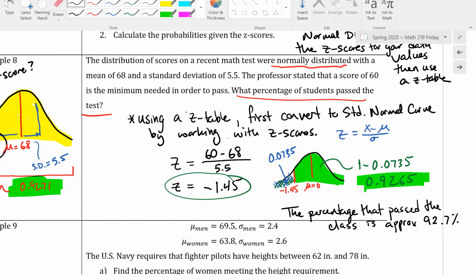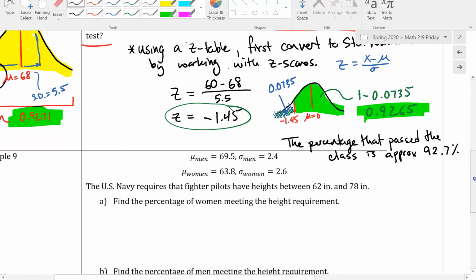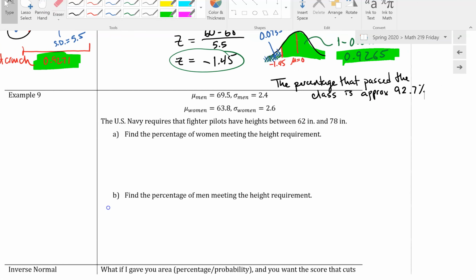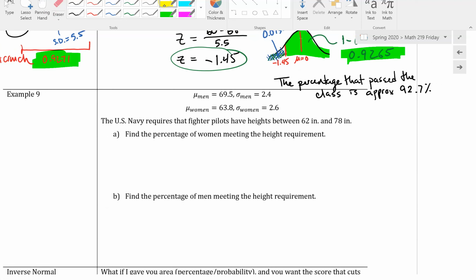Okay, let's try the next example. This says that this is example 9. First of all, they didn't tell us this here, but one thing we'll learn is that heights of people are normally distributed.